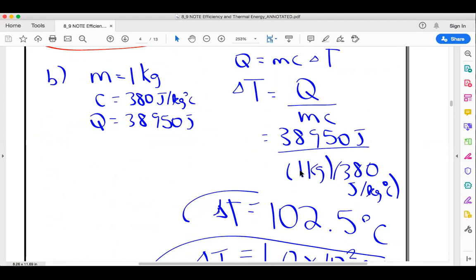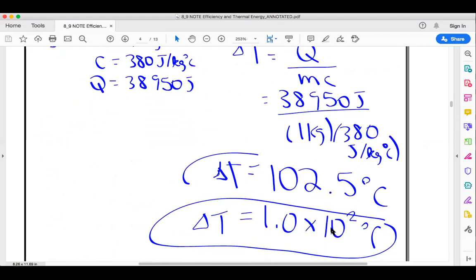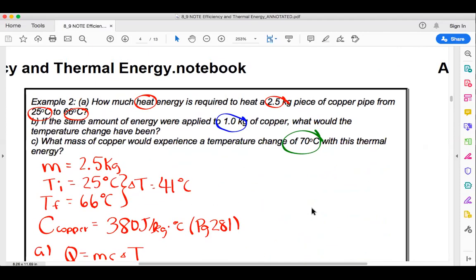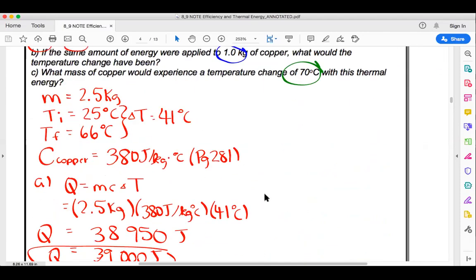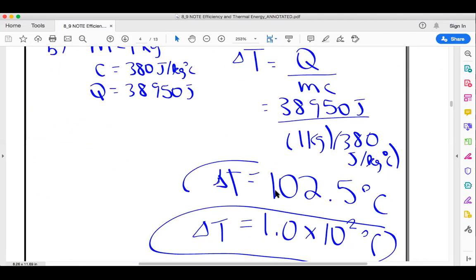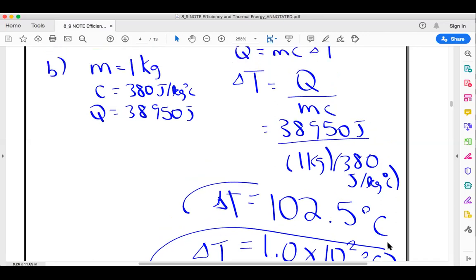So now we sub in less mass with the same amount of energy, we're going to get a larger delta T than in the original problem where we had 41 degrees. That makes sense. If you're heating up less, then that energy can go further in heating it up more. So we would conclude with two significant figures. You'd need to report with scientific notation 1.0 times 10 to the 2 degrees Celsius.